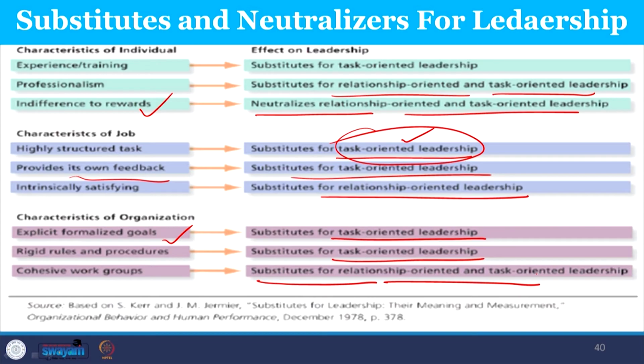Relationship orientation is not required, because of the cohesiveness of the work group, so they can share responsibilities, they can have a very good rapport and a good understanding. So, there is trust within the subordinates. So, the leader should not be task oriented or relationship oriented.